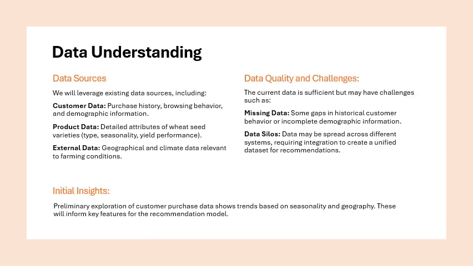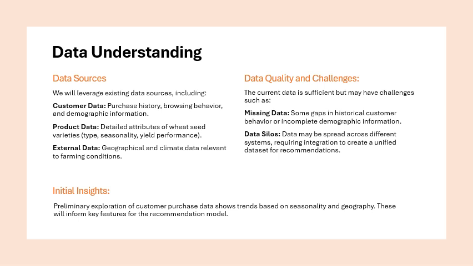Data understanding. This is the next phase where we really try to understand the data that we have. So let's start with the data sources. We will leverage existing data sources, including customer data. So this is available internally: purchase history, browsing behavior, and demographic information. Product data is also available internally.